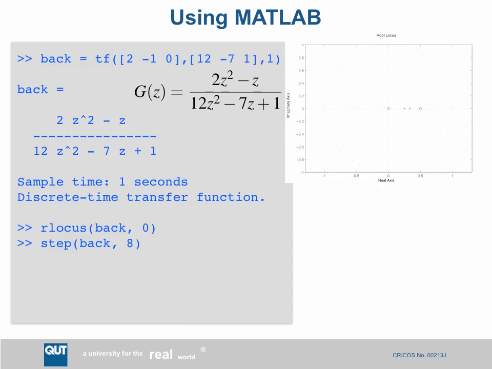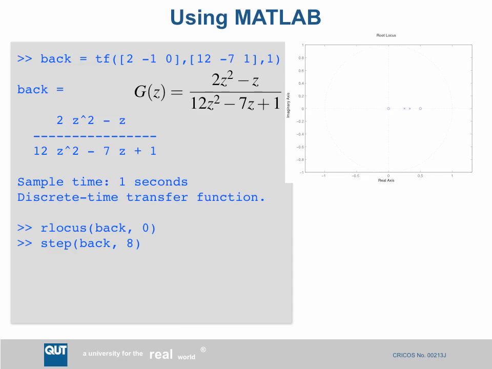The roots of that are clearly z equals 0 and z equals a half. So there are the 2 zeros, one at the origin at 0 and another one at 0.5. The denominator is a quadratic, and it's got 2 roots, and we can see them there at around about 0.3, 0.4 or something like that. So what I can do is quite quickly, once I get the transfer function into MATLAB, display the pole and zero configuration. And we can see that they're all within the unit circle, they're all stable.